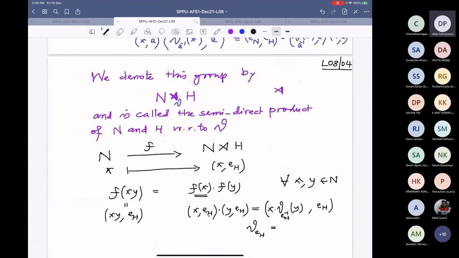So this theta e_H is the identity map on N. And therefore, this will be just y. And therefore, (xy, e_H). And this is also (xy, e_H). So done.